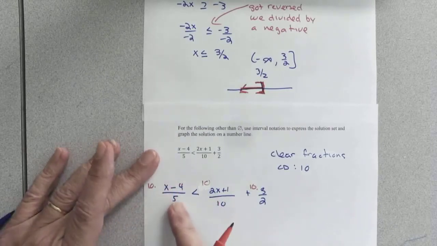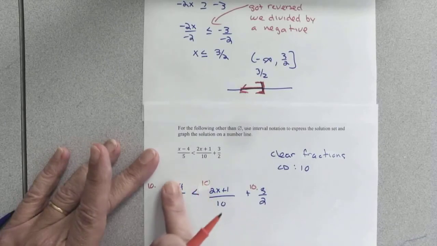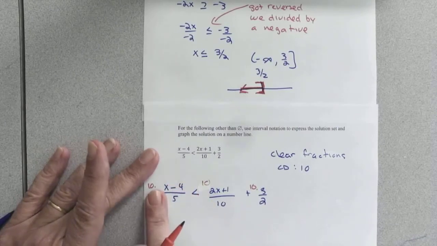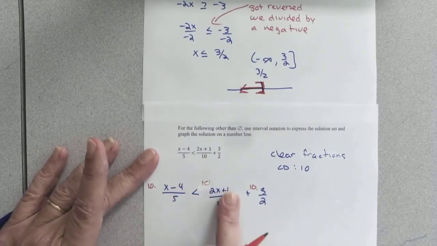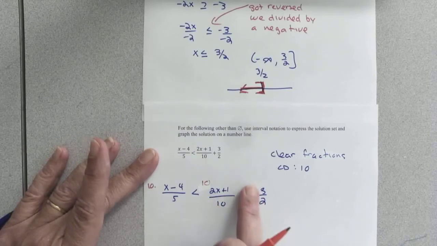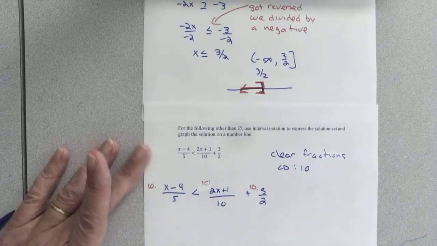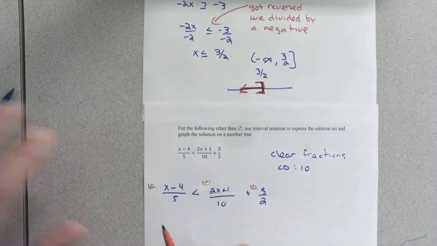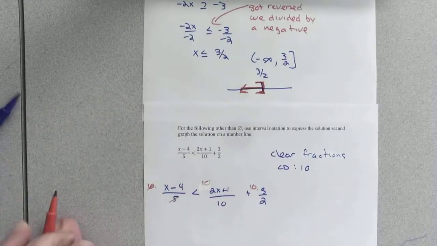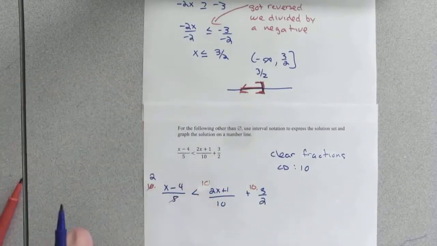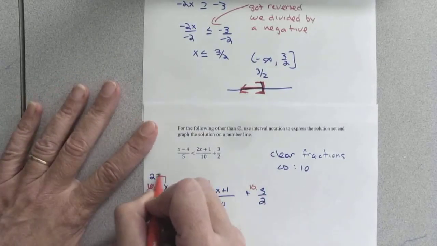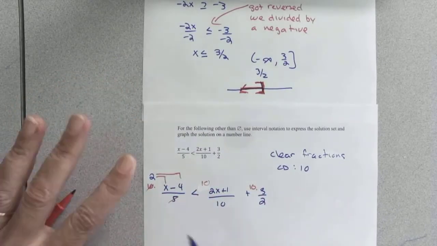Because this is all tied together by that divided by 5, by the over 5, it's considered one term. So I get a single 10. Same thing over here. This is all tied together by the divided by 10, all tied together by the over 10. So it's one term, so I put a single 10 beside it. And then I cancel the 5 and the 10, leaving 2, and that 2 distributes.